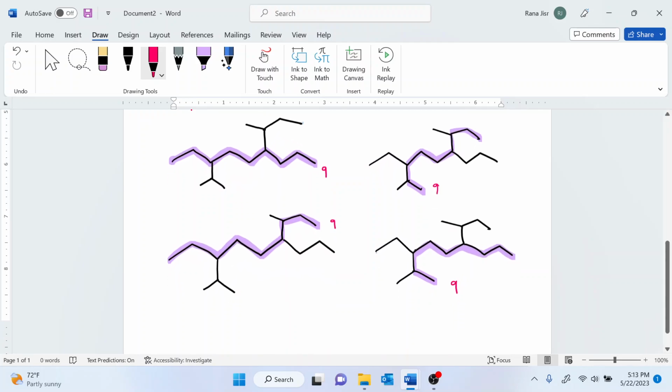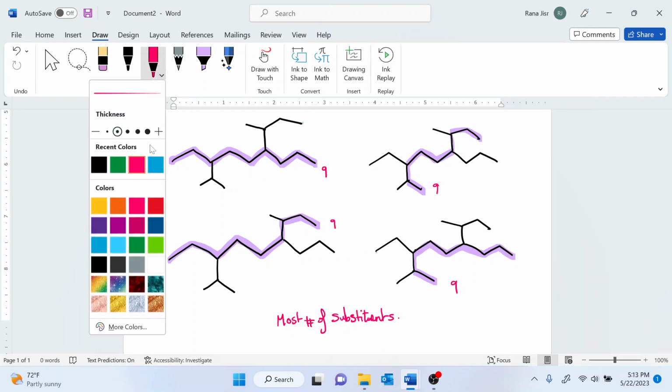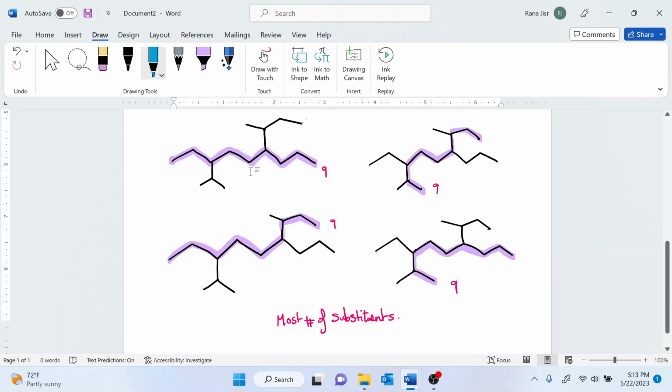The rule says that you have to choose a route that gives you the most number of substituents. And it's preferred that the substituents are not bulky. So let's go ahead and circle the substituents. If I go with the first one, I have 2 substituents, and these are bulky.